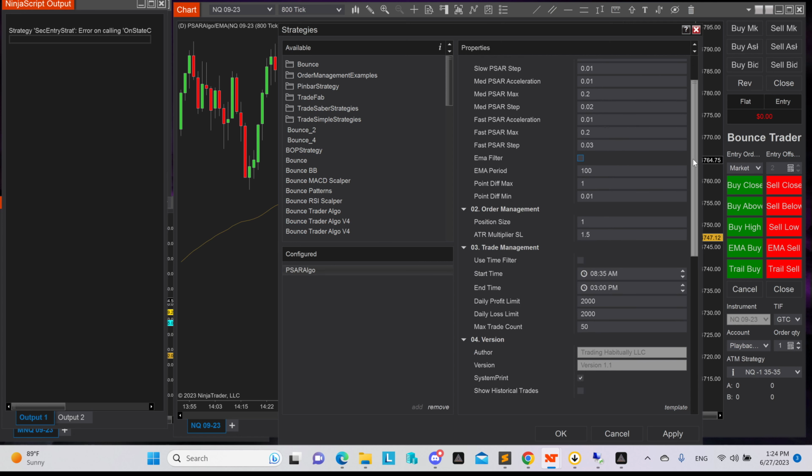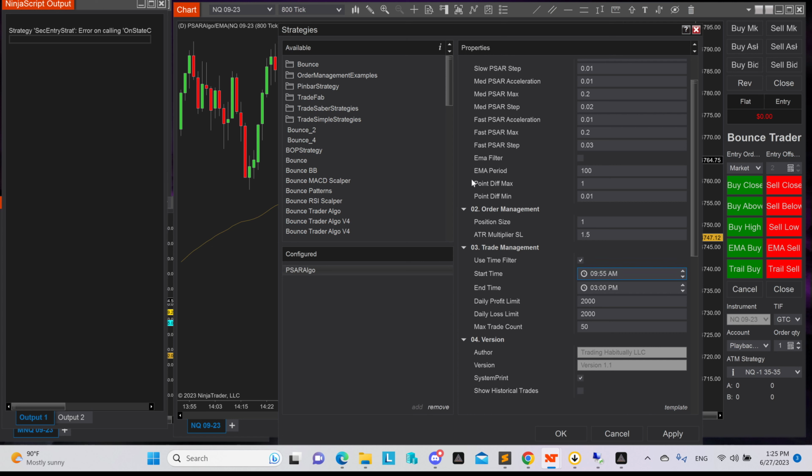And let's see, we could turn on that, how I like it to be, something like that. Yeah, I like to trade when it's a half hour past the opening.